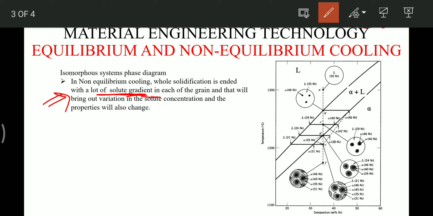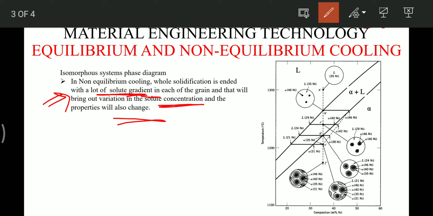But over here we are doing it at a faster rate. Okay, so that is non-equilibrium. We are not giving enough time for the system to reach equilibrium, so solute gradients will be created in each of the grains, and that will bring variation in the solute concentration. Okay, and the properties will also change.